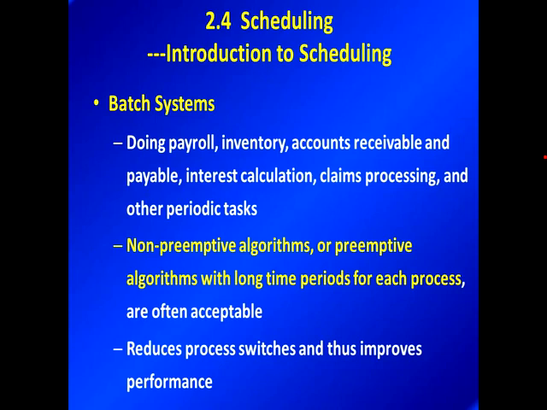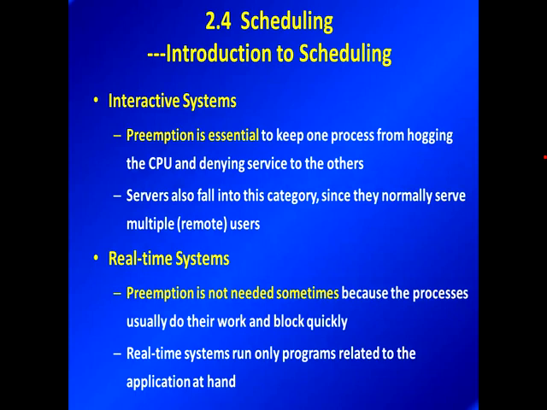So basically, we adopt non-preemptive algorithms or preemptive algorithms with long time periods for each process. So we can reduce the process switches and improve the performance, because usually the jobs running on batch systems are compute bound processes. So we should know that non-preemptive algorithms are more suitable for batch systems, while preemptive algorithms are more suitable for interactive systems.